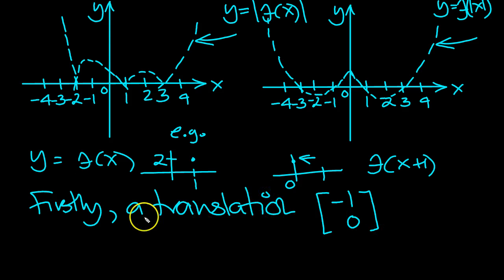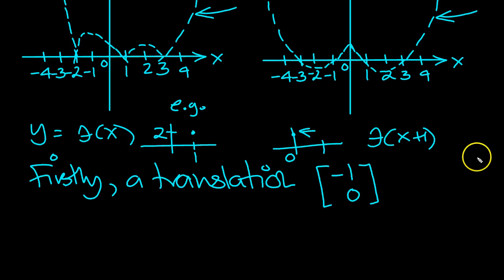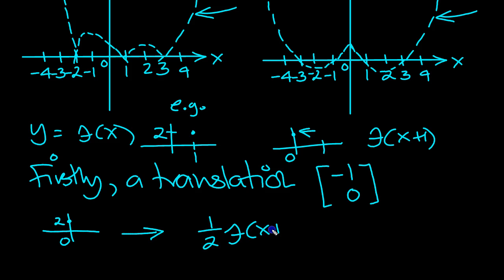So there's the translation. And then we need to think about half. So we go from here now, say, as illustrative purposes. And we're here, 0 at, say, 2. And then we go to a half f of x plus 1. And that would move the point down a half value, wouldn't it?